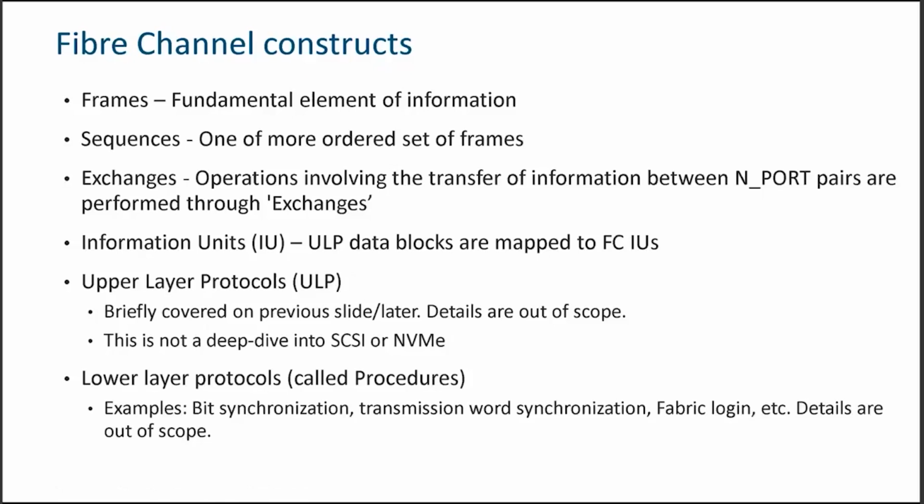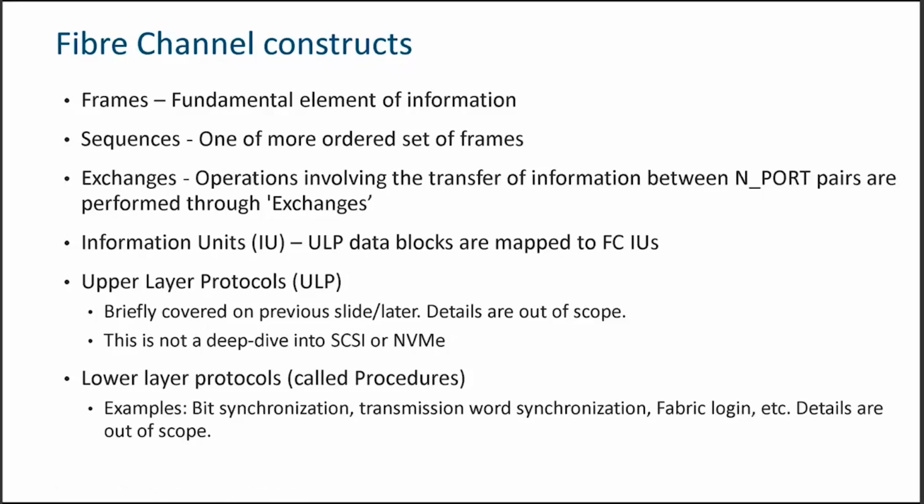Then we have the information units. The upper layer protocols are mapped to Fibre Channel information units. We already talked about the upper layer protocols, and then there are lower layer protocols like bit synchronization, transmission words, fabric logins, and things like that. I'll just keep it here for the sake of completeness, but that's not our focus.